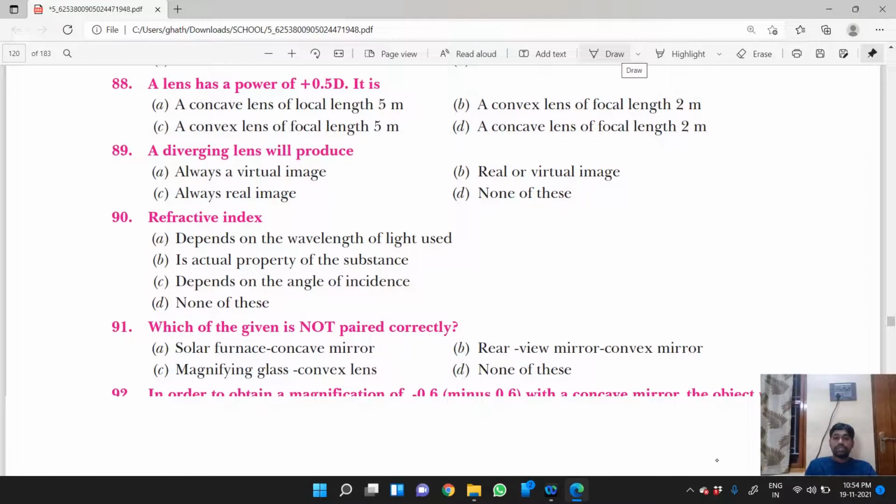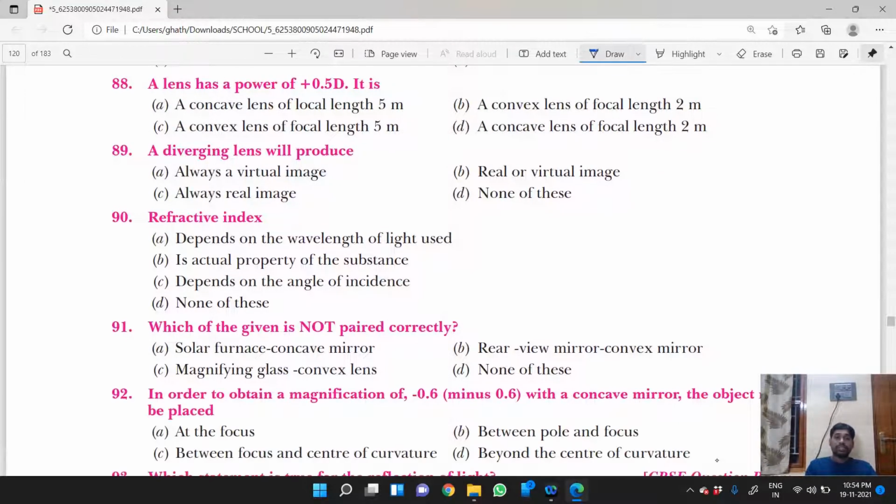88th question: a lens has a power of 0.5 D. Power is positive, which indicates the lens has a positive focal length, that is, a convex lens.